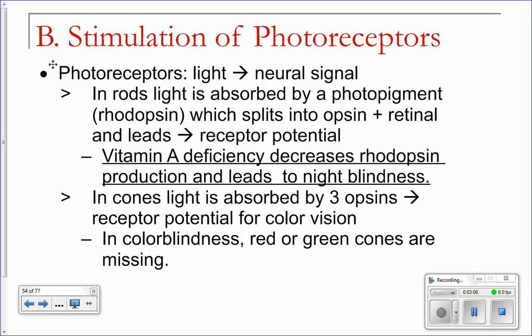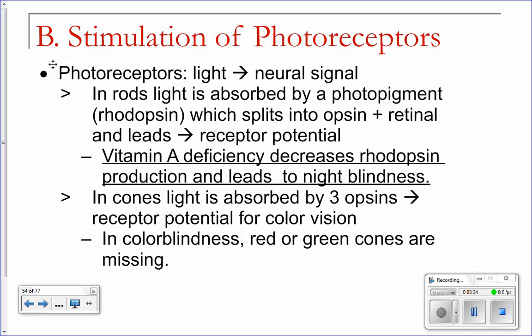If you don't get enough vitamin A, like when you're a kid, you can get what's called night blindness, because you don't have enough retinol, so you can't make that rhodopsin, so you can't see in low light levels. That's in the rod. So that means you can't drive at night, because you can't see very well at night. Bad. So you can get night blindness thanks to not having enough vitamin A.